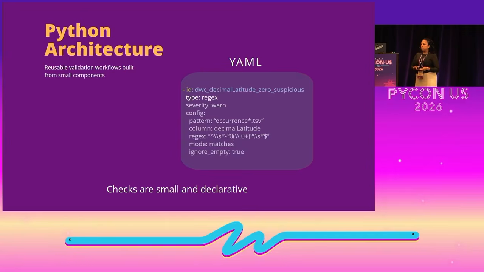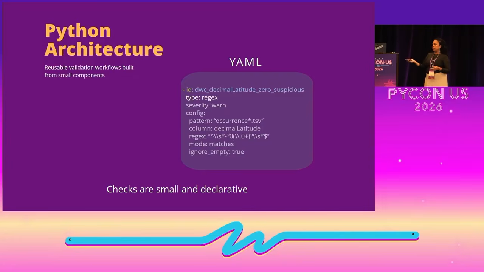So, getting into the Python architecture, start with a YAML file. Again, this is an example from this OBIS data where we're looking at decimal latitude and the suspicious coordinates. This is important because it's a reusable sort of tool.